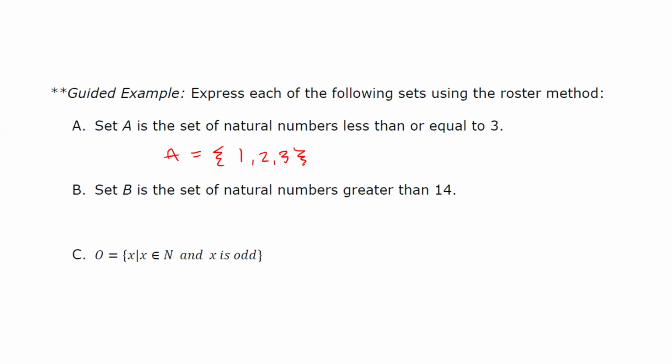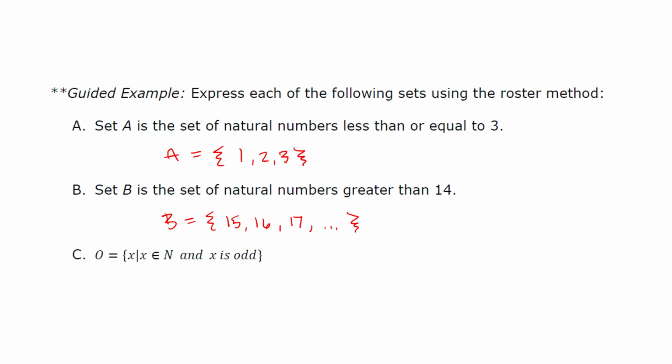All right, for B, set B is the set of natural numbers greater than 14. So we're not equal to 14, we have to be greater than 14. So we'll start at 15, 16, 17, and then it will continue on forever. And then C, set O equals the set of X values such that X is an element of the natural numbers.